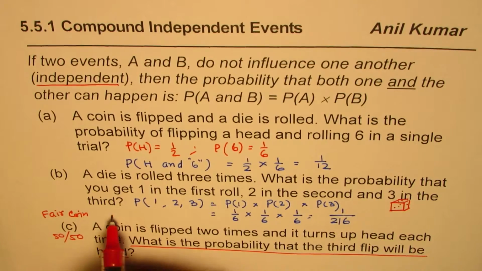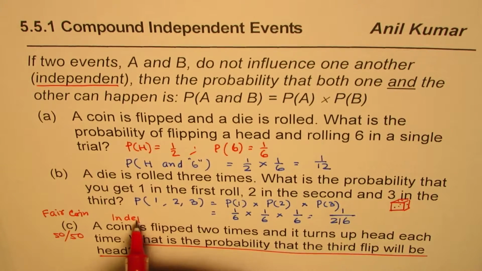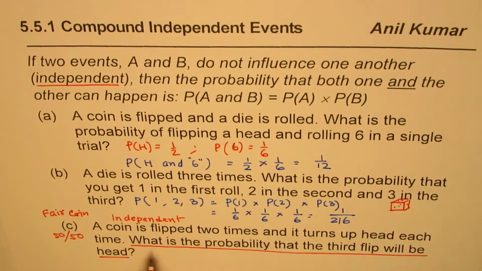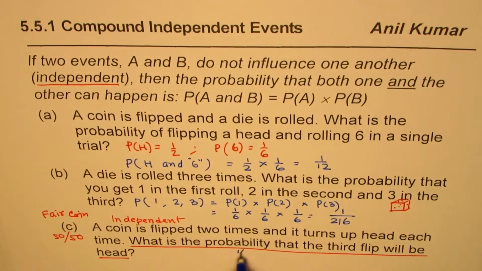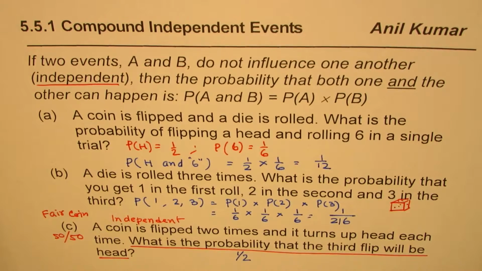Therefore, these are all independent events. We are only interested in finding the probability that the third flip will be a head. Well, the probability is half, since the first two do not influence the third. So that is the answer for you.